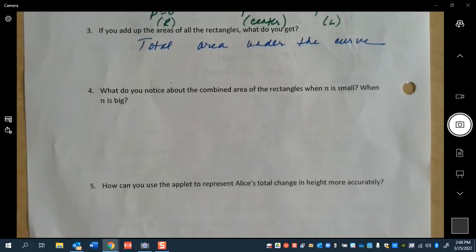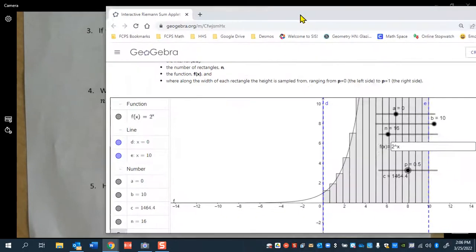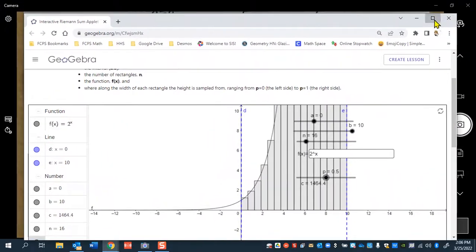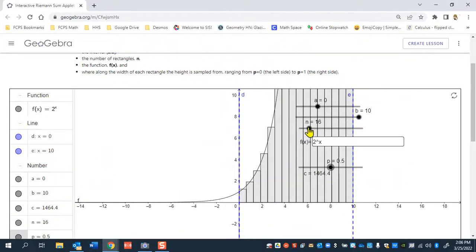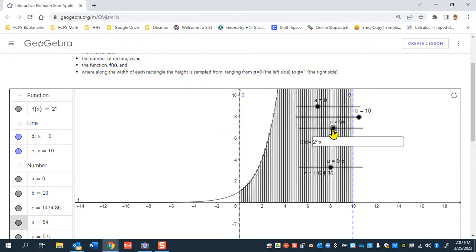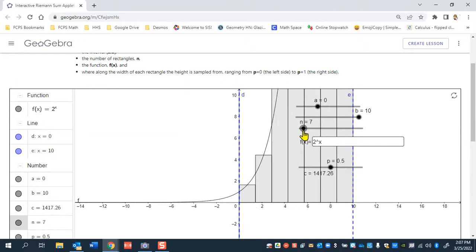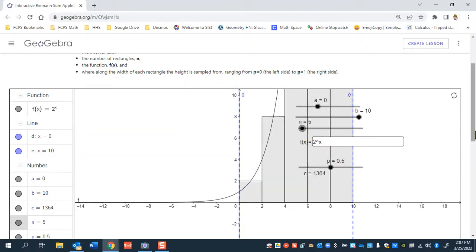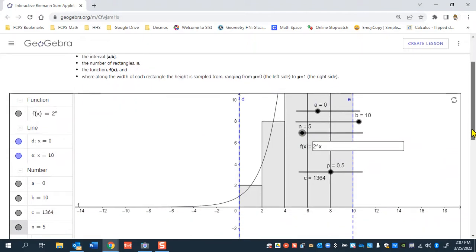What do you notice about the combined area of the rectangles when n is small and when n is big? So I'm going to come back over here and I'm going to show you again. If I have n being super big, what do you notice? If I have n being super small, what do you notice?